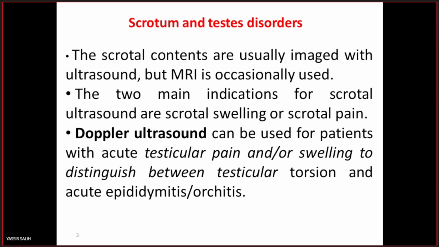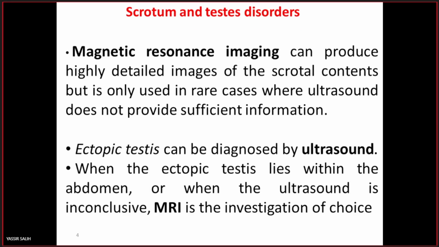So to differentiate testicular torsion from acute epididymitis or acute orchitis, you have to use Doppler ultrasound to look for the blood flow. Is it impaired or not? If it is impaired, this means there is a testicular torsion.